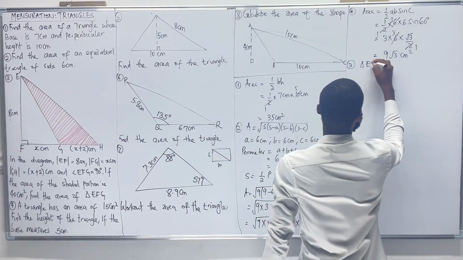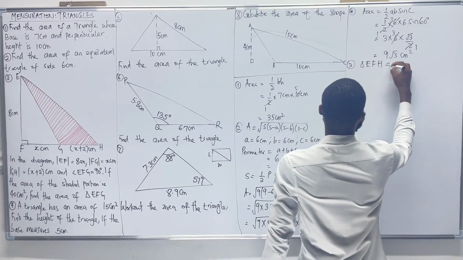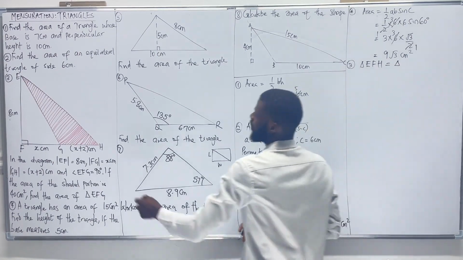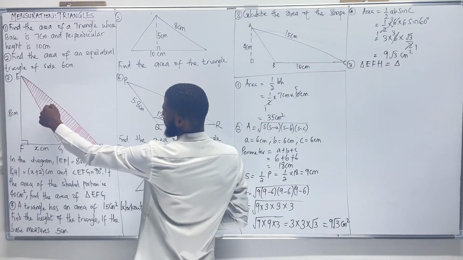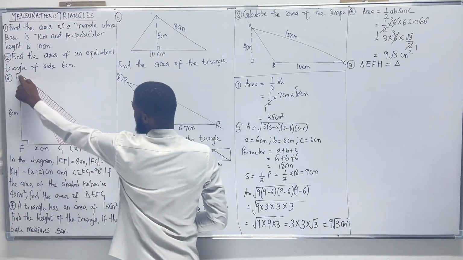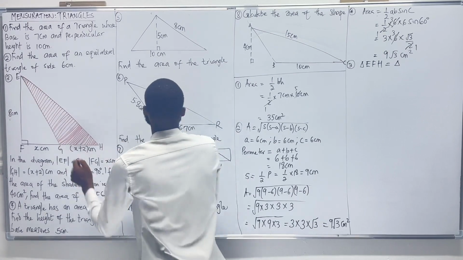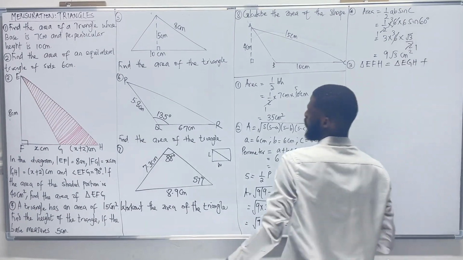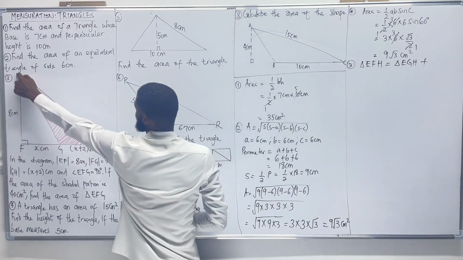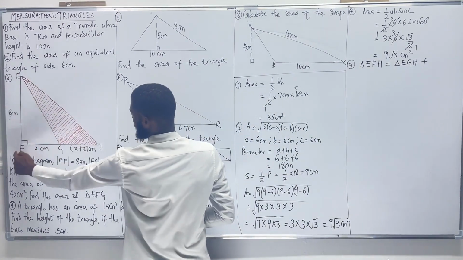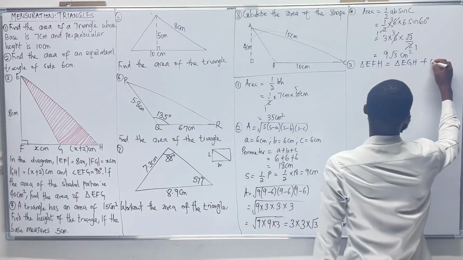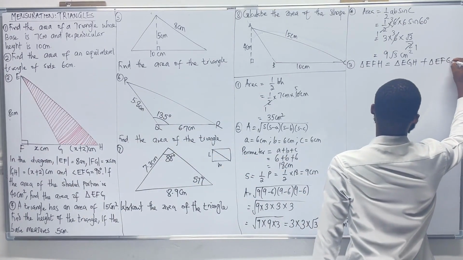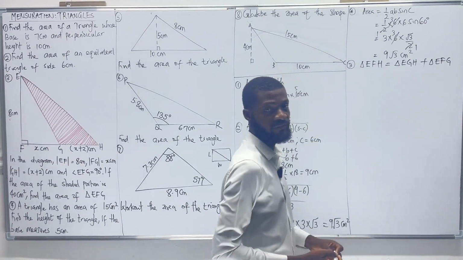So triangle EFH is equal to the shaded triangle, which is triangle EGH, plus the one that is not shaded, triangle EFG. So this is the area that we're looking for.